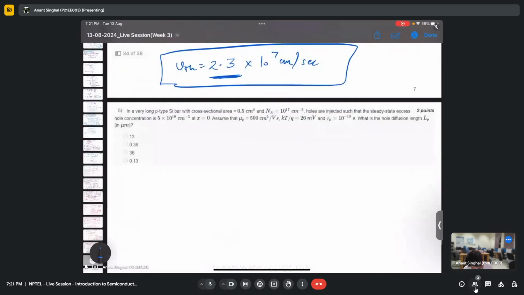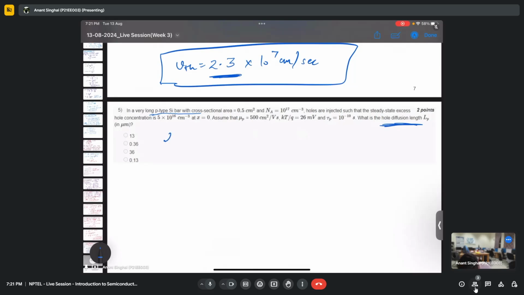Let's move ahead. We have another similar question in which we calculate the hole diffusion length. It is given that we have a very long p-type silicon bar. p-type means minority carriers will be n-type. Na is given as 10 raised to 17 per centimeter cube. We have an area of 0.5 centimeter square.